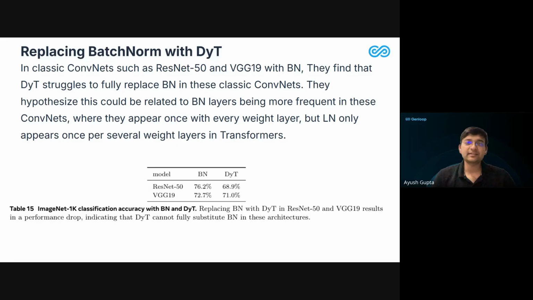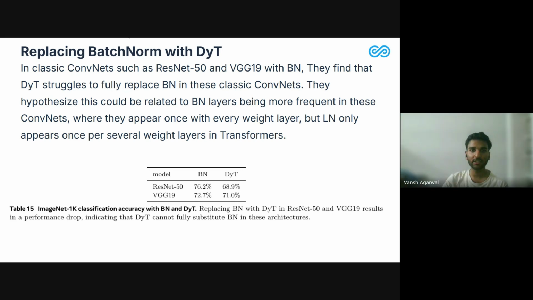I somehow feel that, of course, it's a first kind of proposal, but I still feel this DYT is quite overfitted on the experiments that they tried. It might be like saying that more normalization was required, so this DYT did not work. Even I did not really find this hypothesis convincing.